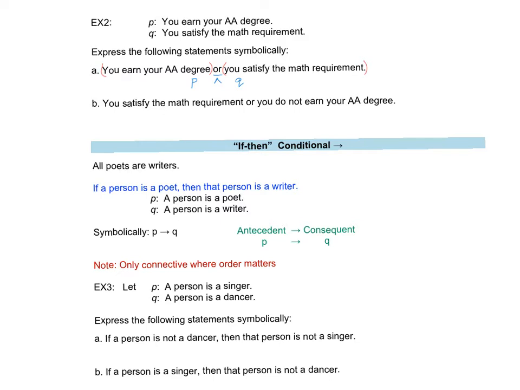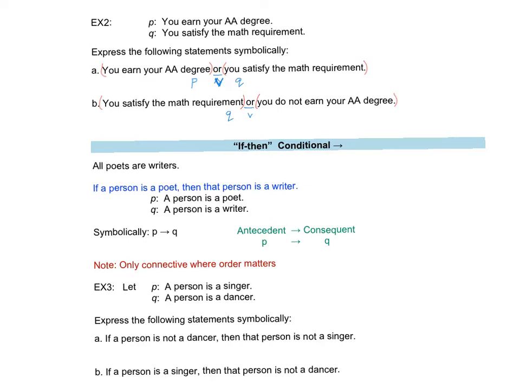Part B, you satisfy the math requirement or you do not earn your AA degree. I see my or. I look to either side of my or. You satisfy the math requirement, that would be Q. Or, hey, I just noticed I had an or, but I wrote an and.